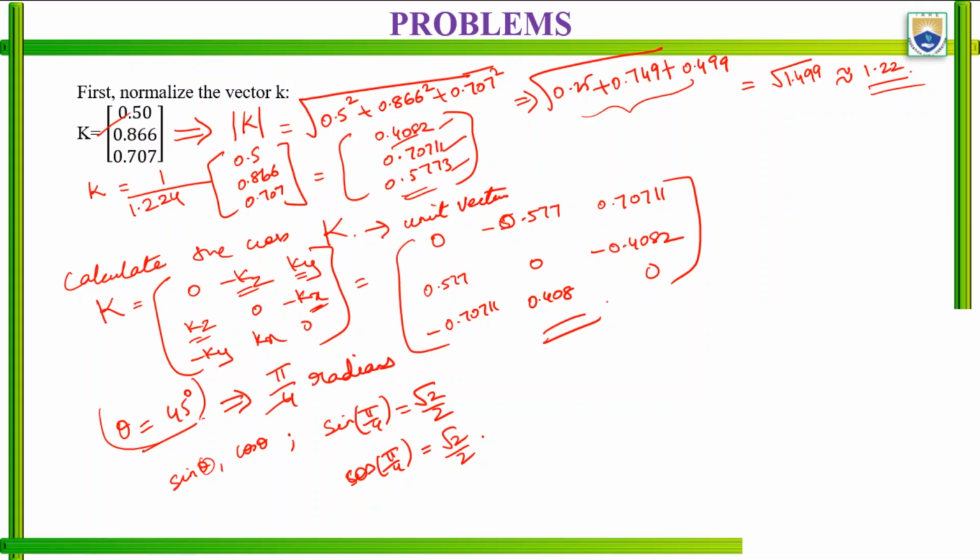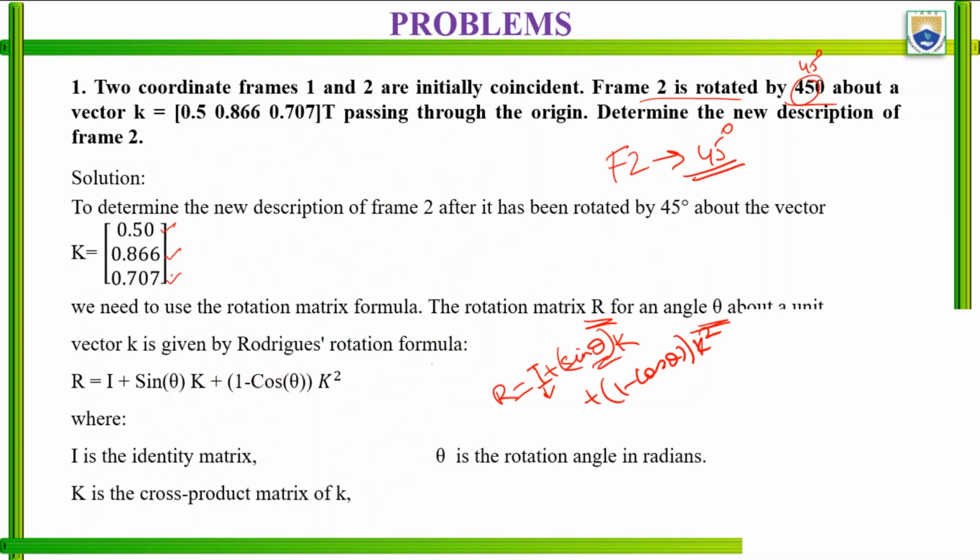Now, since we have the cos term, here we need to calculate this particular term, that is 1 minus cos theta into k square. Here we have I plus sin theta k, so we have calculated sin theta with respect to the cross section of the unit vector.